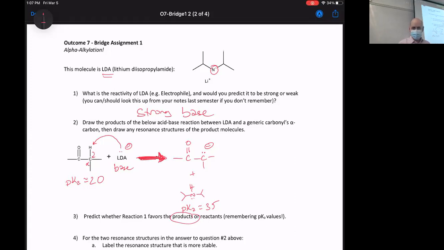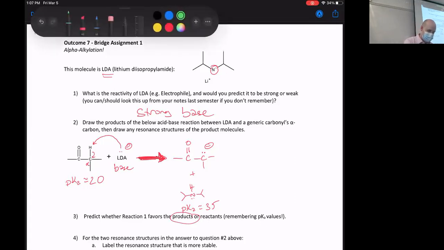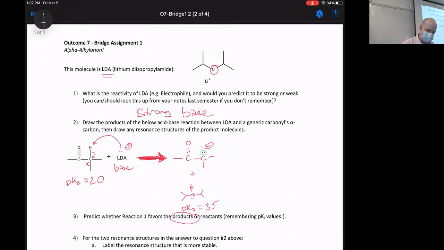All right, so the other thing to look at here is that the reason this CH is more acidic than any other CH that we've seen is because this C- is stabilized through resonance. Resonance, it's been a while, but resonance is how we can show charges being spread out to make a molecule more stable, delocalized, if you will.